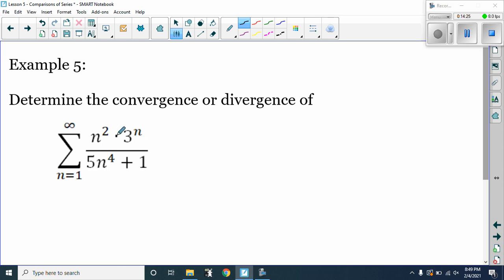In order to find what we're going to compare that to, we're going to take the n squared here, like we usually do. This 3 to the n, we're just going to leave it where it is. We do want that 3 to the n in there. n to the 4th is the highest power of n on the bottom. So we are going to use 3 to the n over n squared as our comparison.